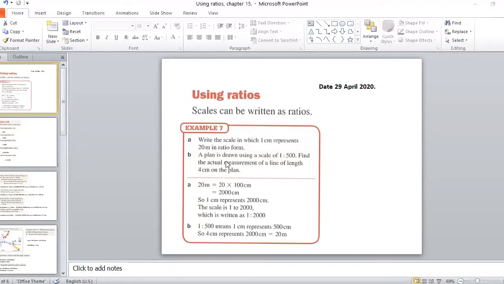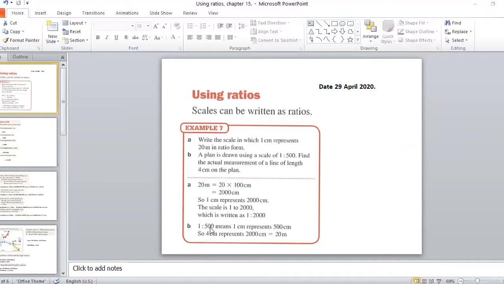B. A plan is drawn using a scale of 1 to 500. Find the actual measurement of a line of length 4 centimeters on the plan. In order to find the actual measurement of the line whose length is 4 centimeters on the plan, 4 is multiplied by 500, the second number of the ratio.